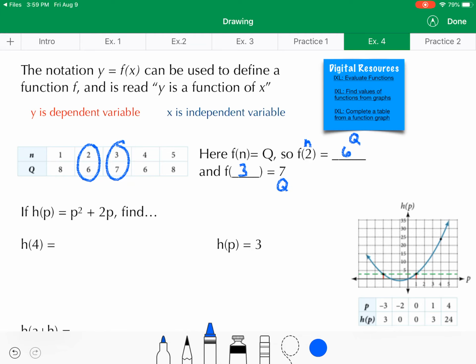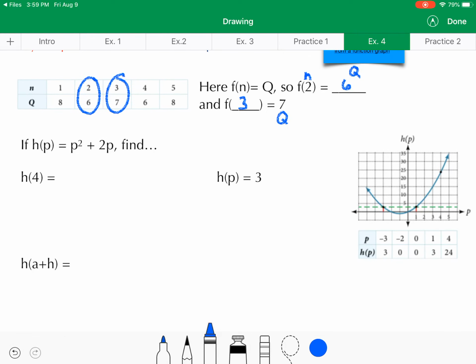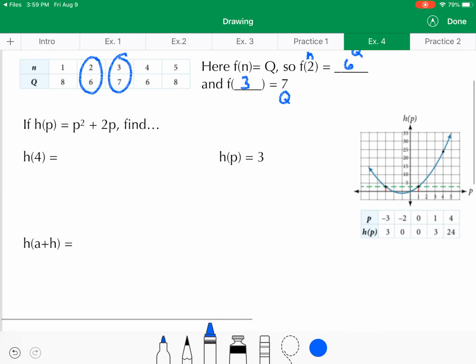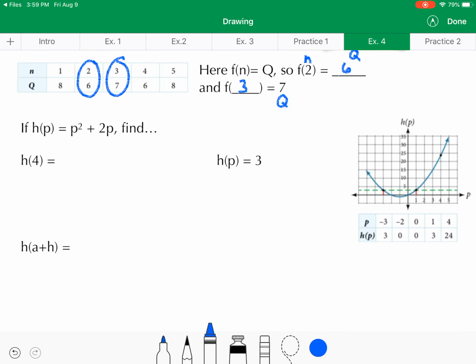Right here we have a function given as an equation. h of p equals p squared plus 2p. We first want to find h of 4. You've done this before, I'm sure. Wherever you see a p, substitute in a 4, and then simplify with order of operations.